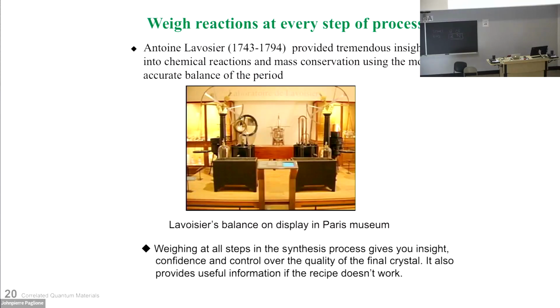Weighing things. I guess Manders isn't here yet. He used to kid me a lot, because it's amazing what you can do with careful weighing of your reactions in different steps of the way. And Antoine Lavoisier, who was a pretty famous chemist, one of the fathers of modern chemistry, provided tremendous insight into a lot of different chemical reactions that we think are trivial at this point.